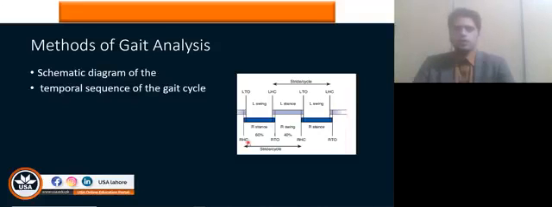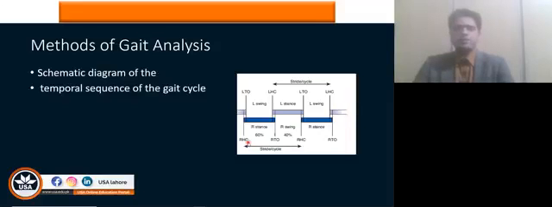Now, you have to understand that the angular kinematics of the gait is studied through electrogoniometry, accelerometry, etc. So these are certain advanced techniques.